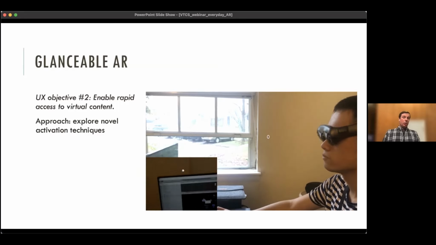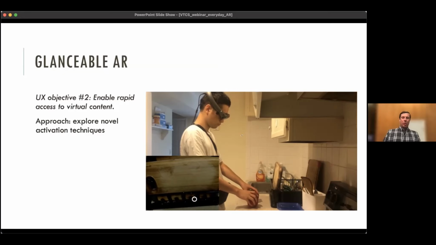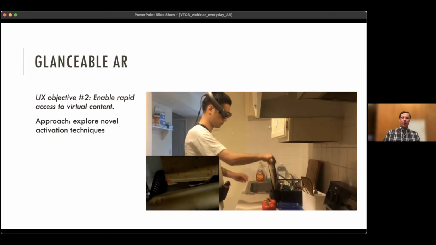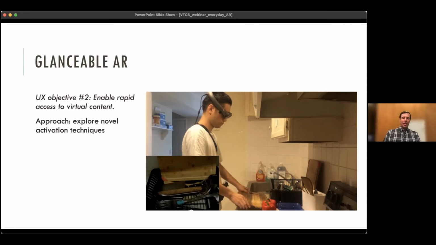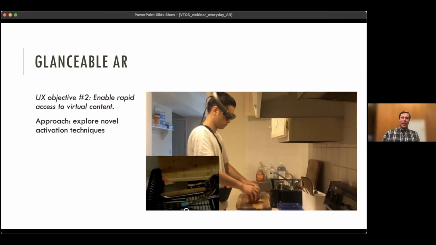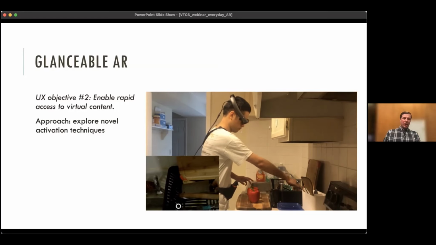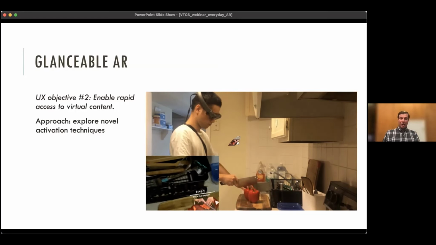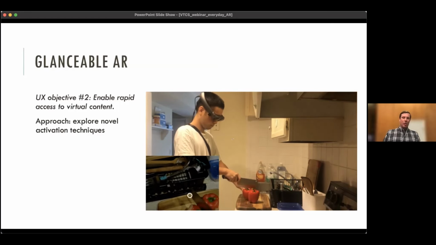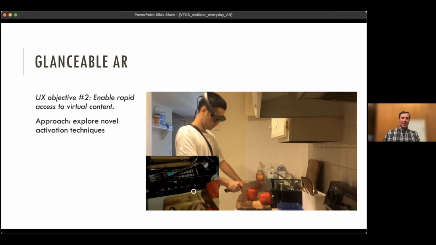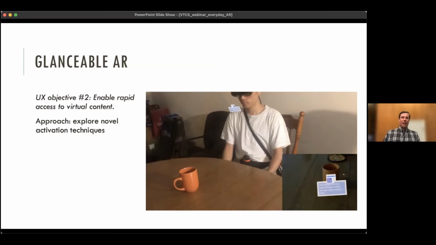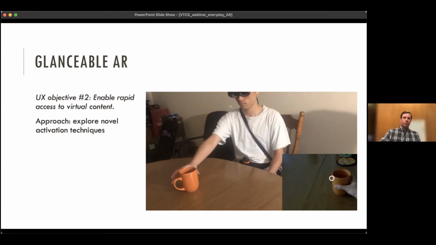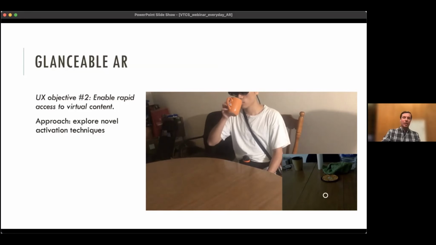And when you look at the circle, both looking in that direction as well as looking at the depth of that circle, so focusing it with your eyes, only then does it expand into the app. So that little circle doesn't get in your way of doing important things like chopping your vegetables. But when you need to check the recipe, in this case, you just focus on that dot, the recipe expands, and then you can keep doing what you're doing. So we use eye trackers, obviously, to accomplish that.